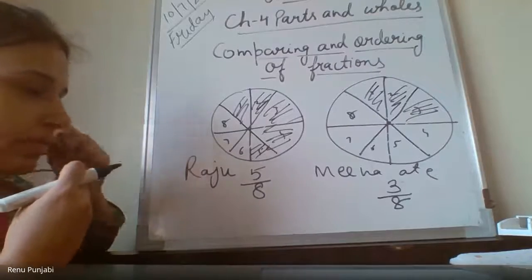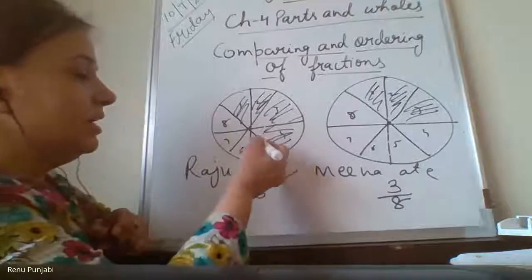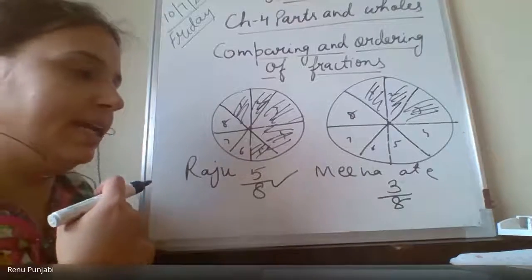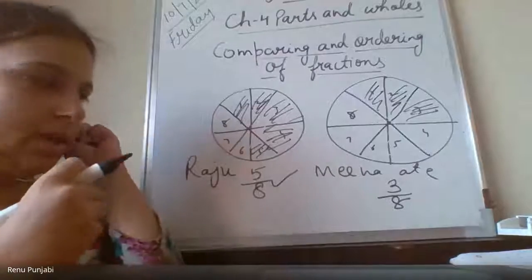Because there are 8 pieces, Raju ate 5 out of 8, and Meena ate only 3 out of 8. Raju ate 5, and Meena got less.